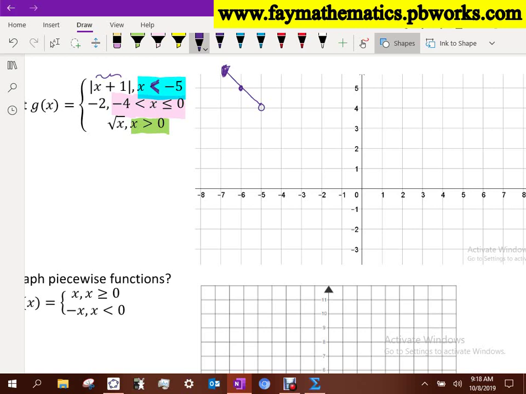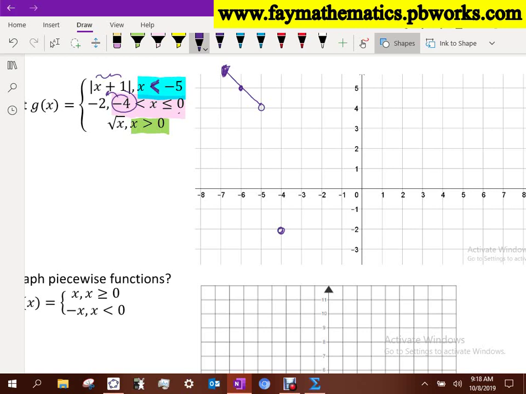So if I have negative 4 and I input it into this function that has no x to input for, what am I going to get back out? Negative 2. So at negative 4, I'm getting back out negative 2. It's an open dot because of the just less than symbol here.